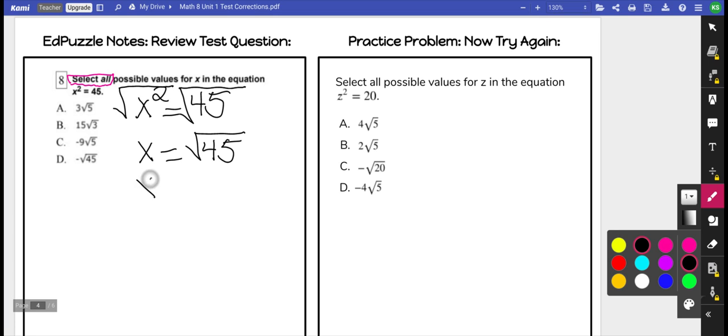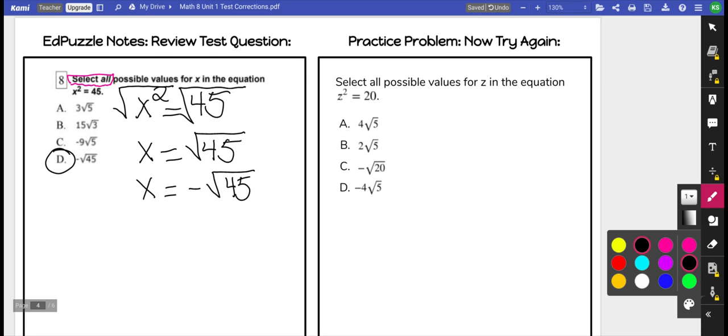So x equals the opposite of the square root of 45 is correct because it could be a positive number or it could be a negative number, because when multiplied together, both of those will get us a positive 45.